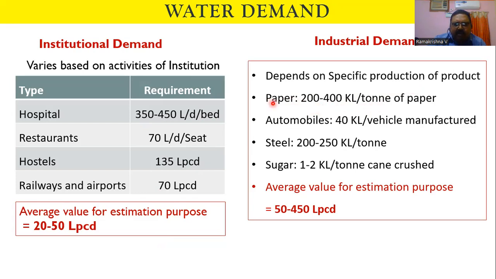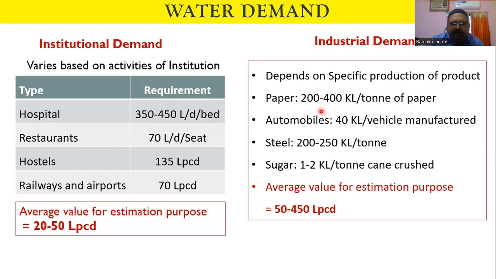For example, in the paper industry, they are producing paper. So the total water requirement per each ton of paper produced is considered. It comes to be 200 to 400 kiloliters per ton of paper. And this water is normally used for making pulp, and that pulp is used to produce paper.